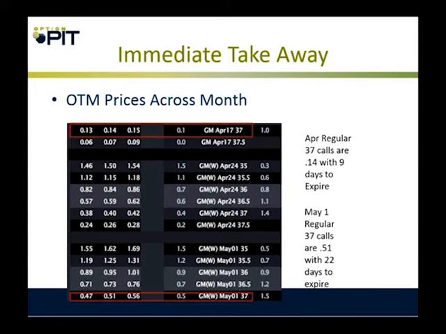So what is 14 times 2.4? 35 cents. So I actually am getting better edge, more premium decay out of my May option than my April option. Does that surprise any of you?